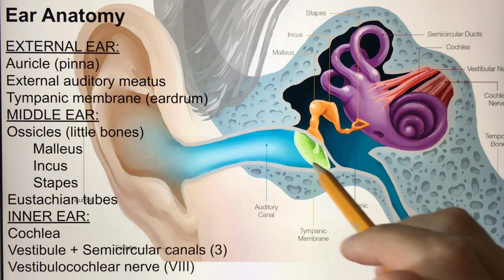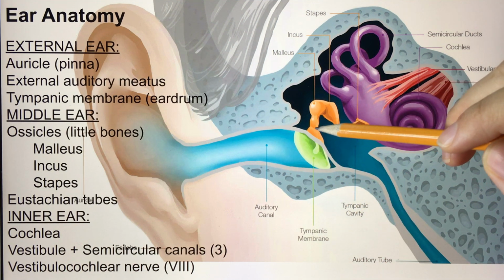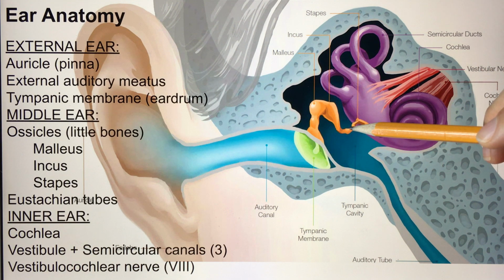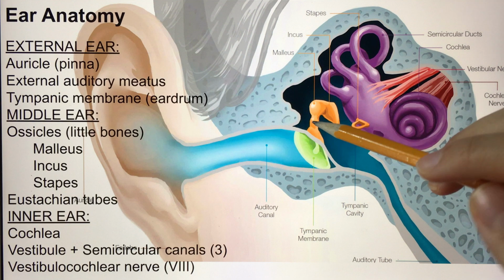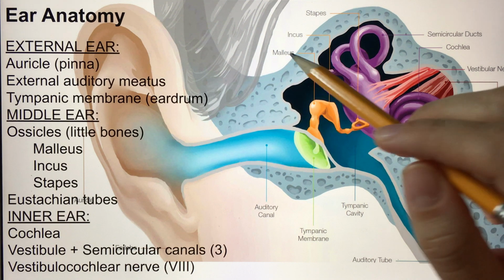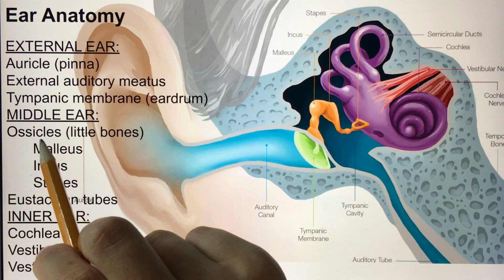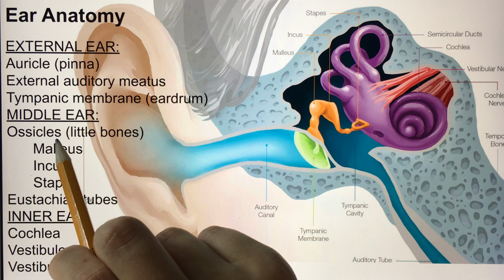The eardrum on its deeper side or posterior side is connected to these, highlighted in orange. Obviously, everything is not colorful like this in the real ear, but it's connected to these little tiny bones. There's 3 of them. They're called malleus, incus, and stapes. These little bones are referred to as the ossicles. That means little bones.